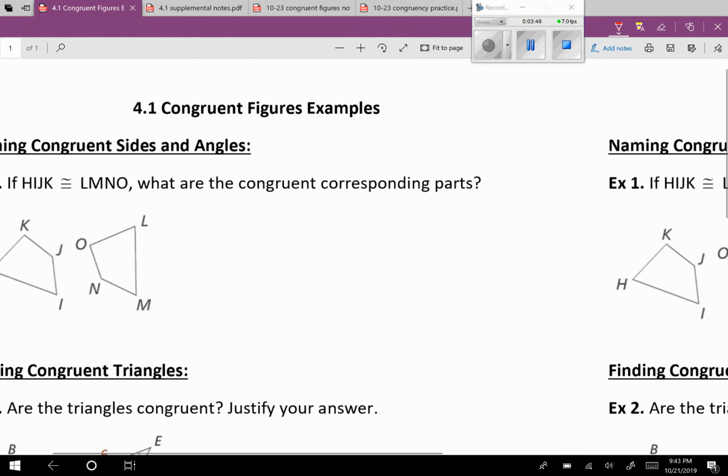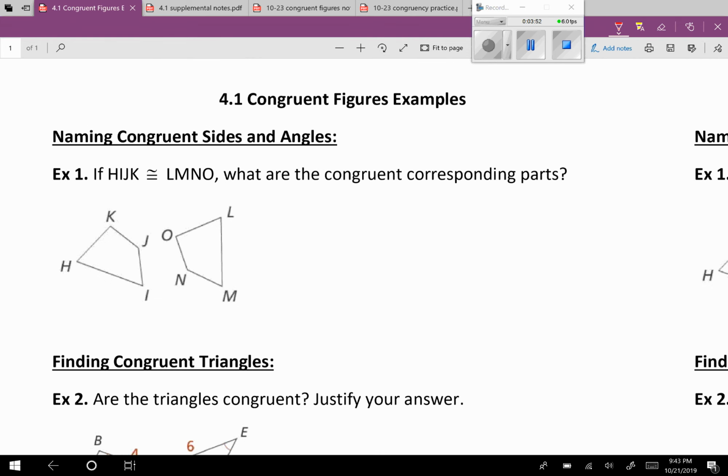The first one here says naming congruent sides and angles. If HIJK is congruent to LMNO, what are the congruent corresponding parts? What I like to do is write the names of them vertically. HIJK is congruent to LMNO.